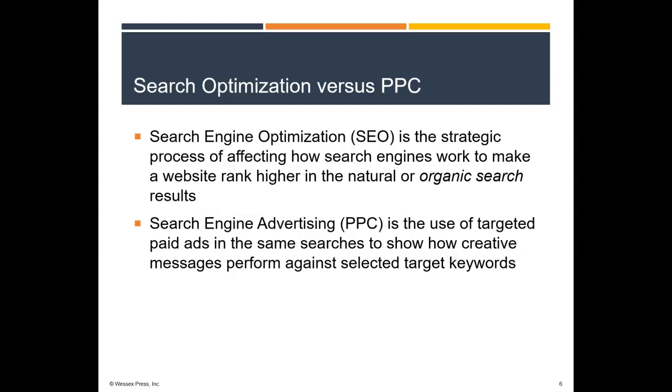Search engine advertising, PPC, is the use of targeted paid ads in the same searches to show how creative messages perform against selected target keywords. So PPC, what does PPC stand for? Extra credit question.